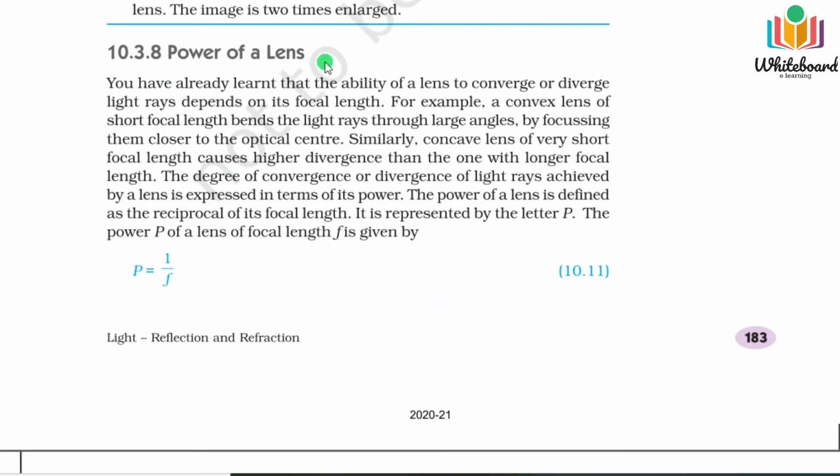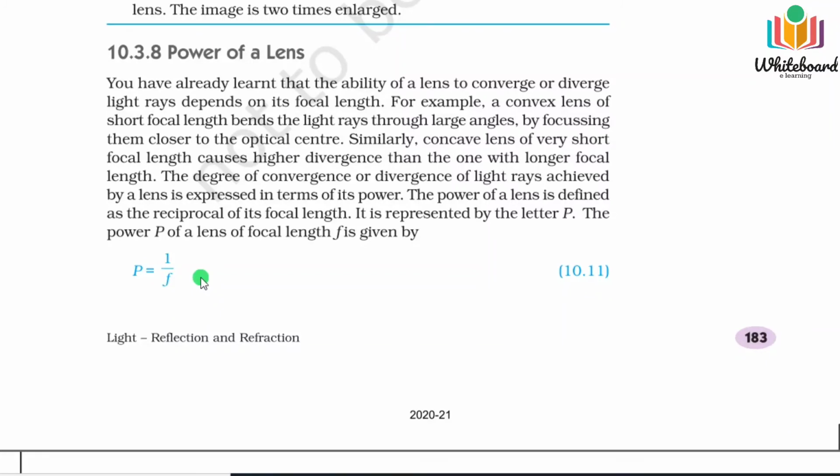And finally, the power of the lens. What is the power of the lens? Actually, you know, the convex lens is a convergent lens and the concave lens is a divergent lens. So it will diverge the rays, it will not meet actually. But in the case of a convex lens, after refraction it merges the rays very close to the optical center.